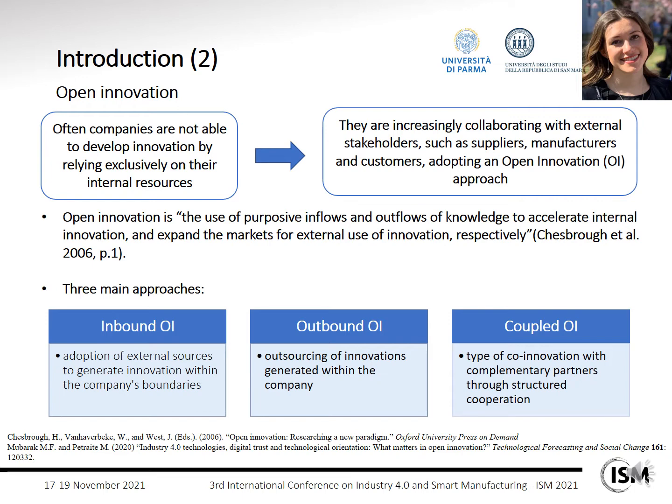Then we've got the outbound process, which is less widespread than the inbound one. The outbound process is based on the outsourcing of innovations generated within the company's boundaries. And this process takes the form of licensing activities, for instance, or the creation of spin-offs, or maybe the sale of patents. So this is the outbound open innovation process.